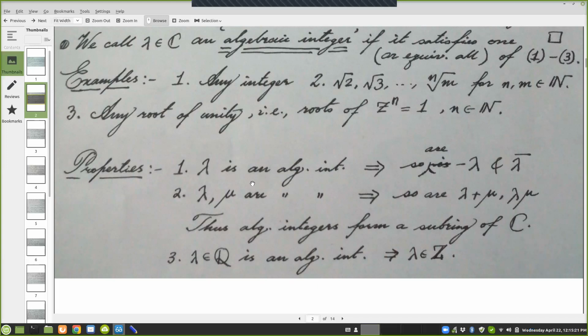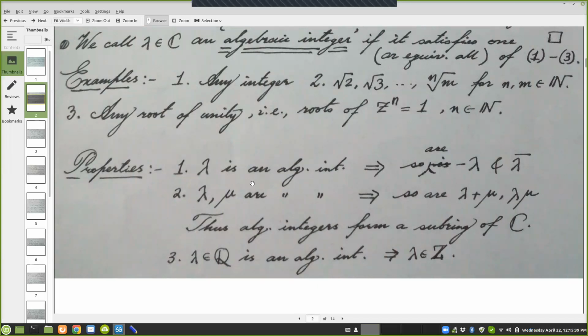If V is the eigenvector of the matrix corresponding to the eigenvalue lambda, then this V bar happens to be an eigenvector of the same matrix with respect to the eigenvalue lambda bar.